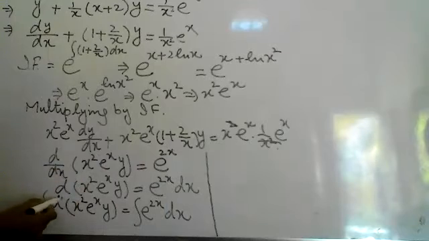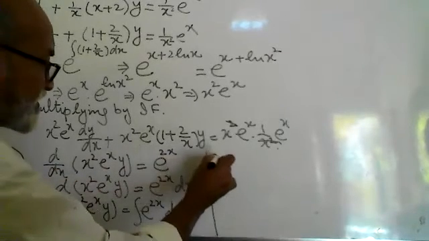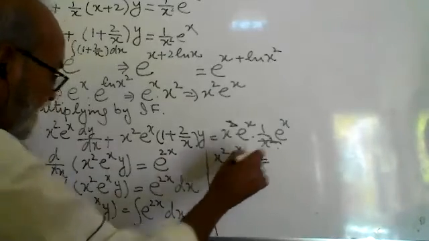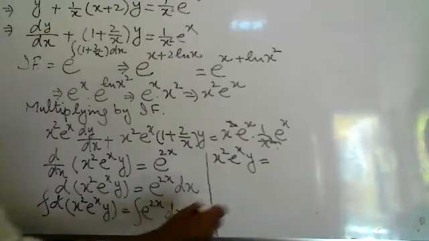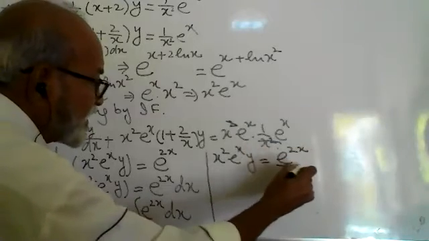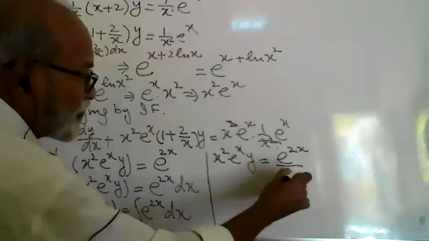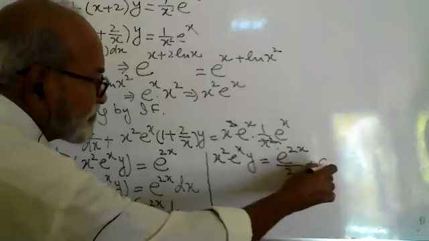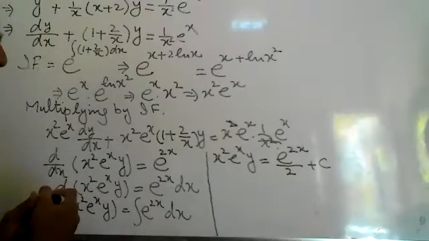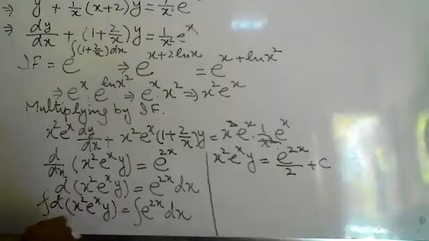Here the derivative and integration are cancelled. x square e raised to power x y is equal to integration of e raised to power 2x, which will be e raised to power 2x divided by the derivative of 2x, that is 2, plus c. So this is the answer.